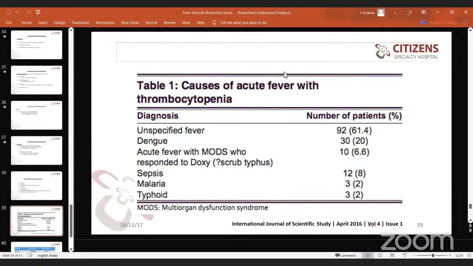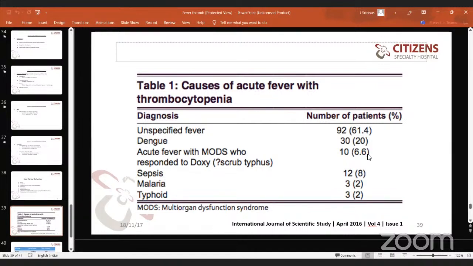It says unspecified fever, 61%. There is no diagnosis: 61% of the patients with thrombocytopenia don't have a diagnosis. Dengue, 20%. Acute fever with MODS who responded to doxy, so they are thinking of scrub, 6.6%. Sepsis, 8%. Malaria, 2%.